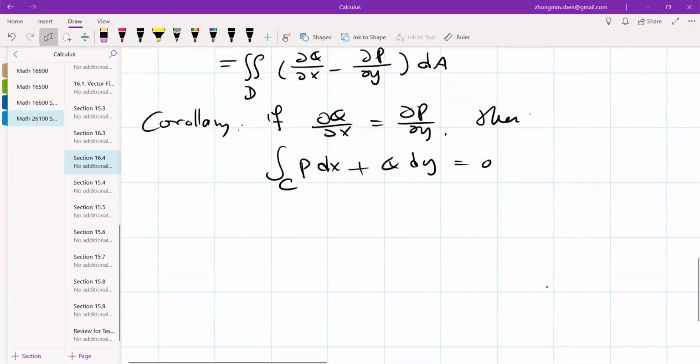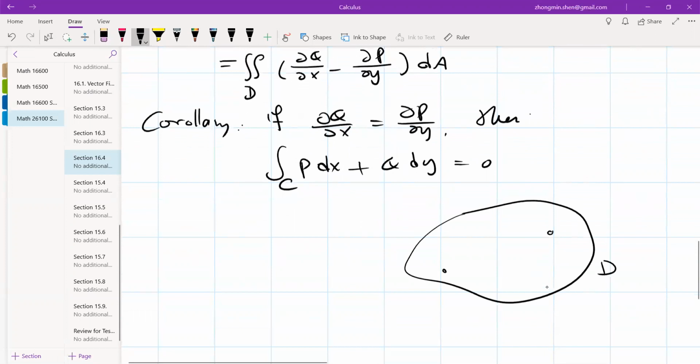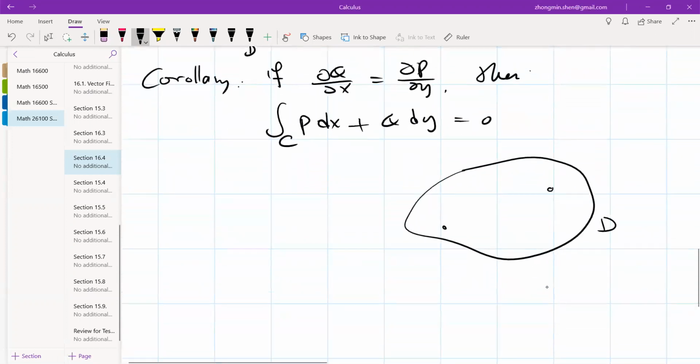So if you draw, let's consider domain D, and take two arbitrary points. So you have one curve C1 and another curve C2, not in the same direction.